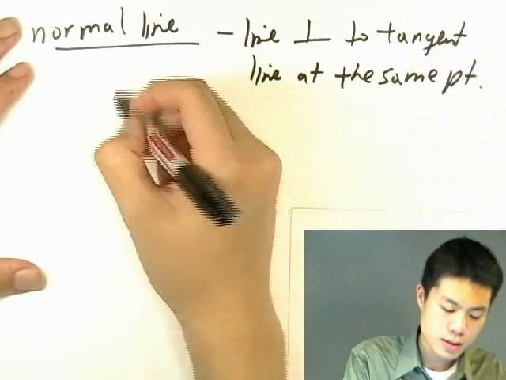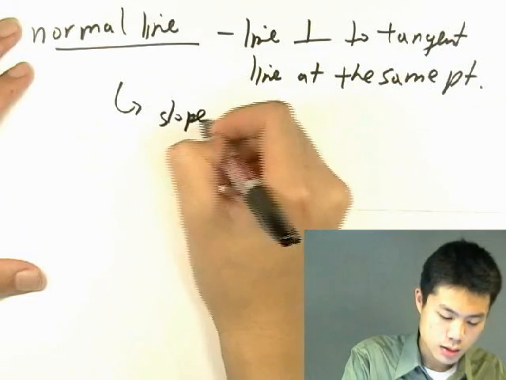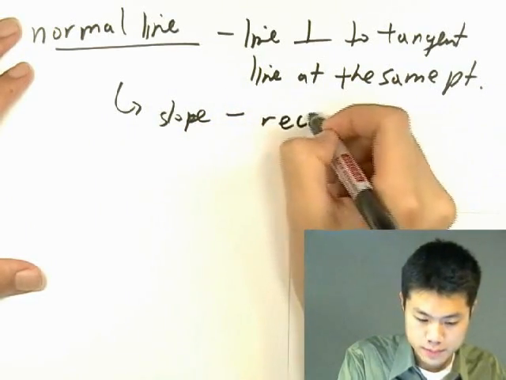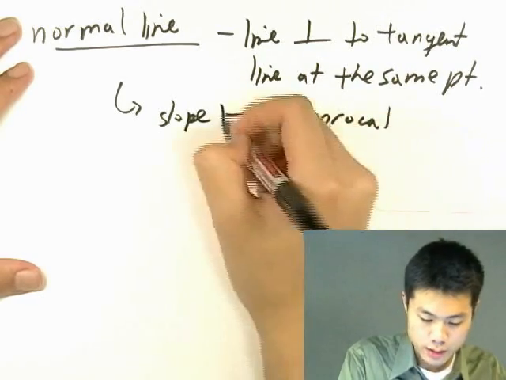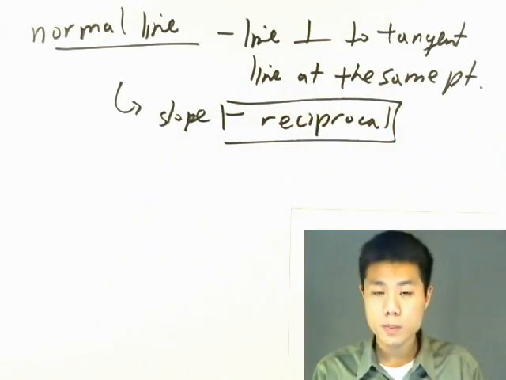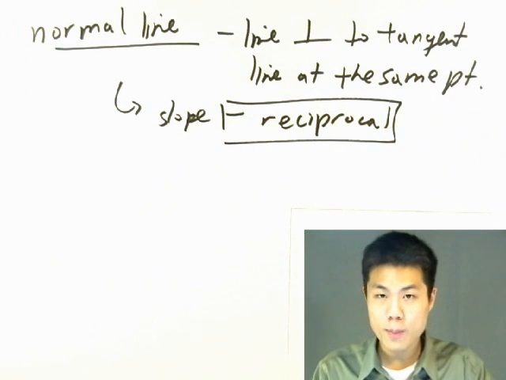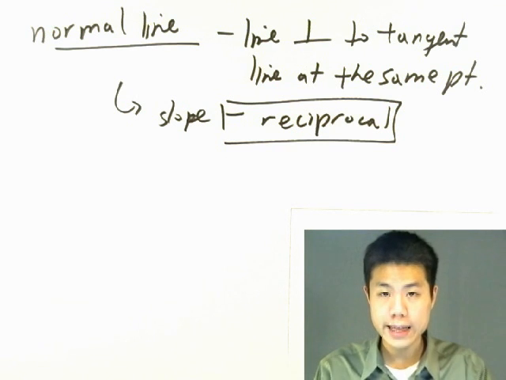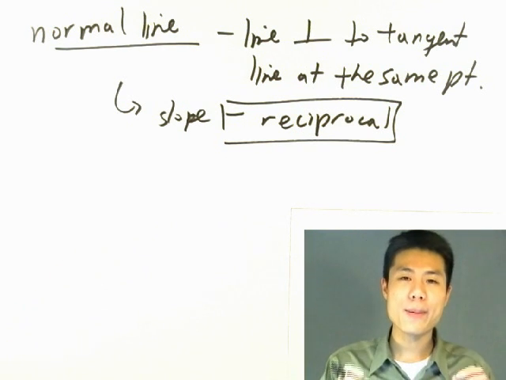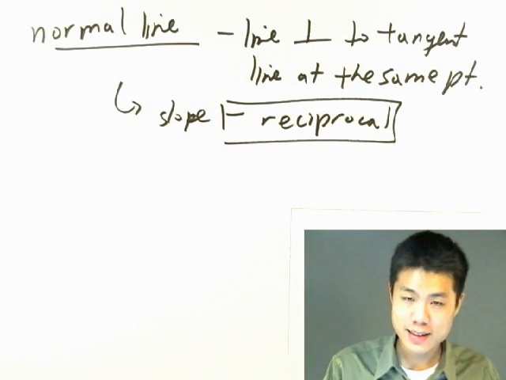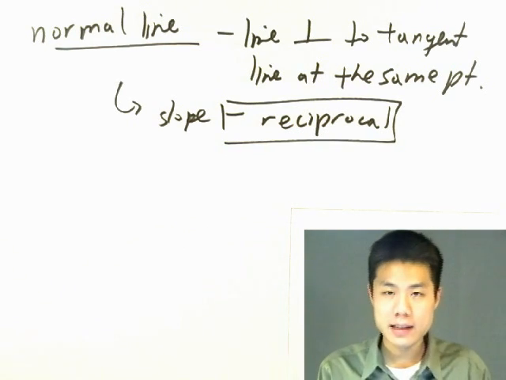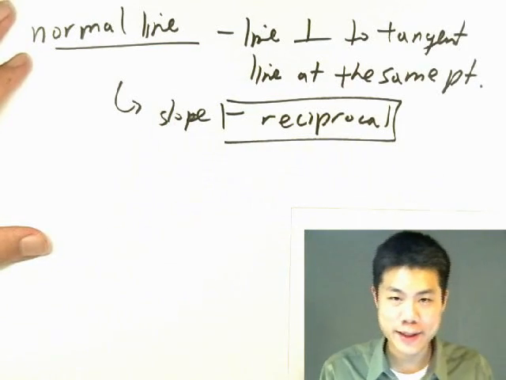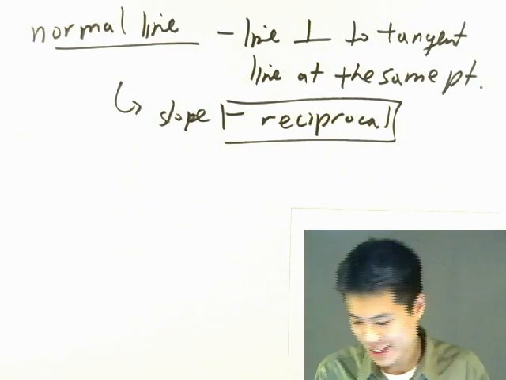And we know that the slope is going to be the negative reciprocal, because the slope of a perpendicular line is the negative reciprocal of the slope of the line to which it is perpendicular. Anyway, let's do an example.